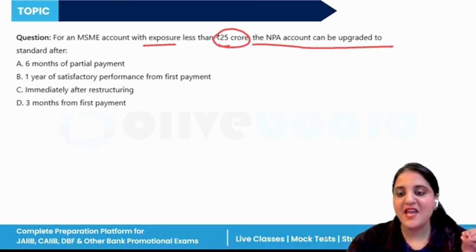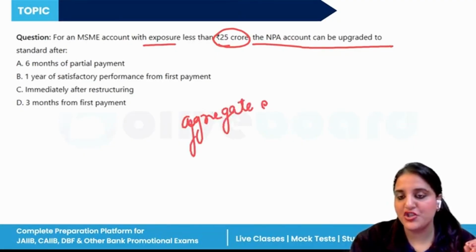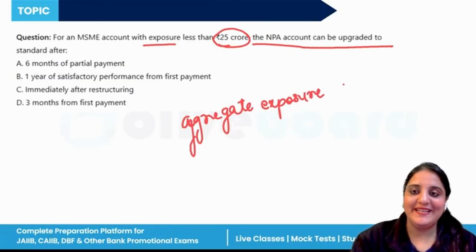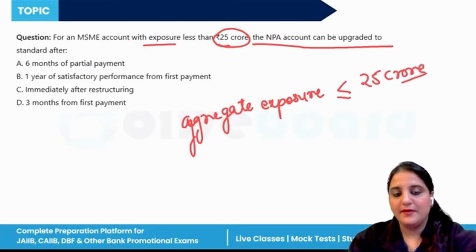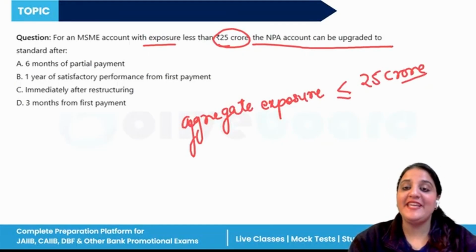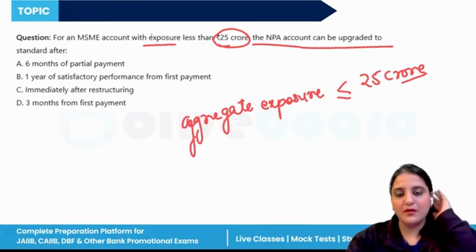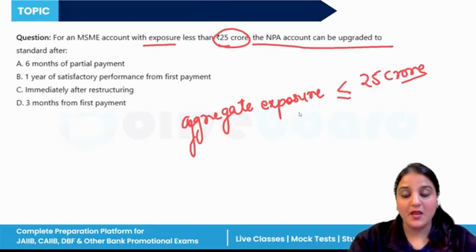For an MSME account, aggregate exposure must be less than or equal to 25 crore, right? The account can be upgraded only if it performs satisfactorily during the specified period.